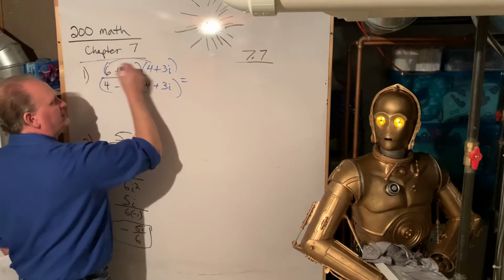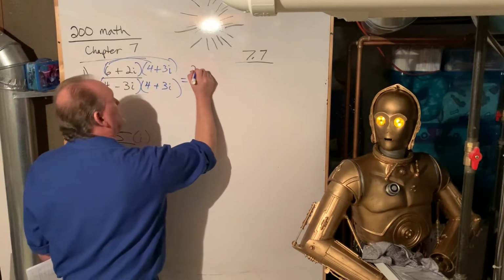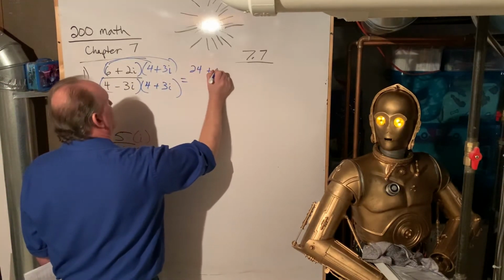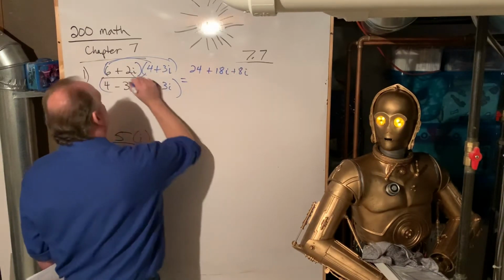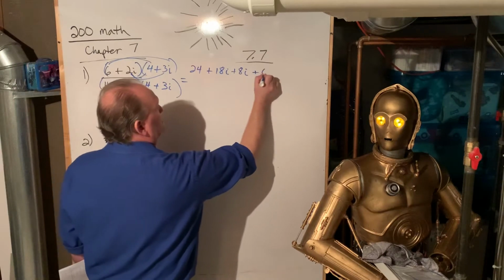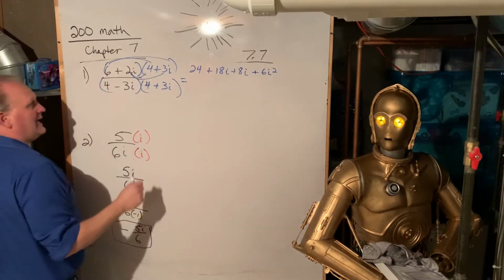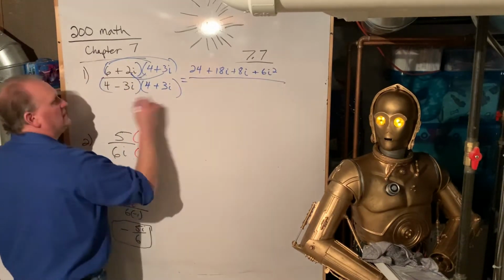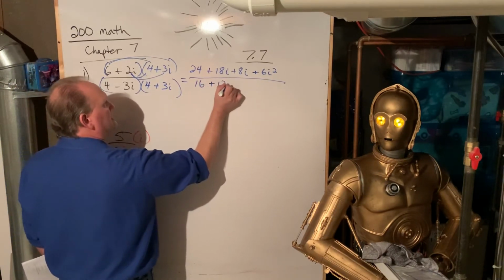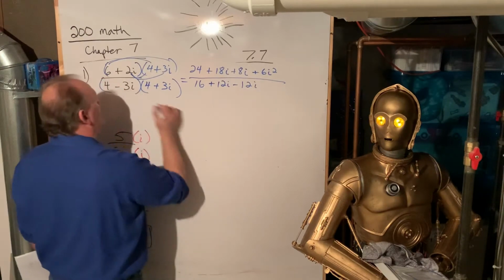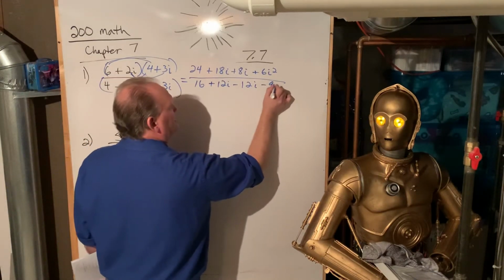The top is going to be a big mess: 24 plus 18i plus 8i plus 6i squared. But the bottom is going to be 16 plus 12i minus 12i minus 9i squared.